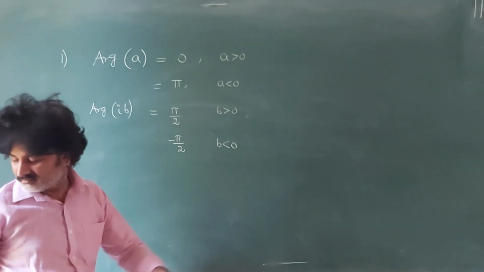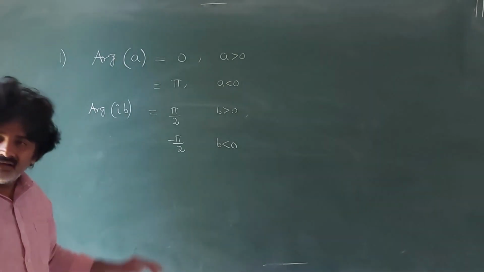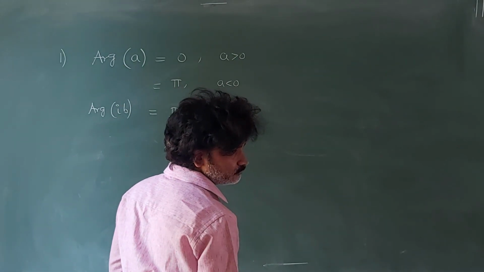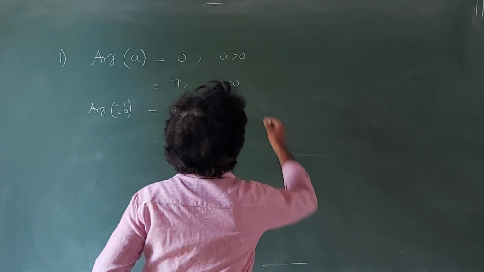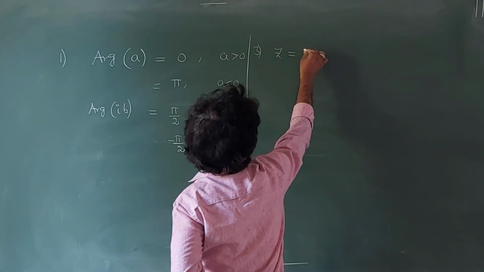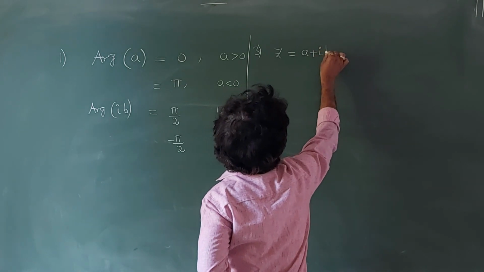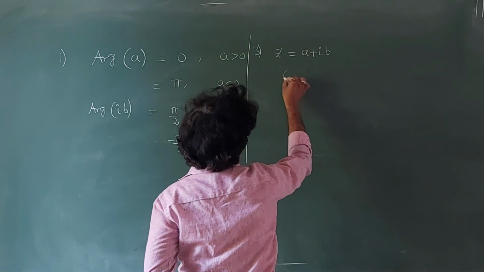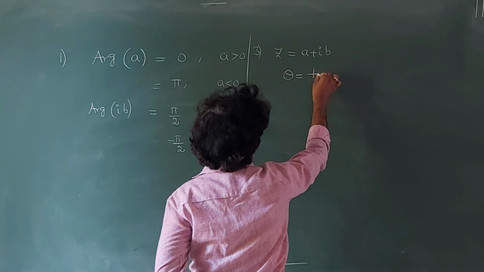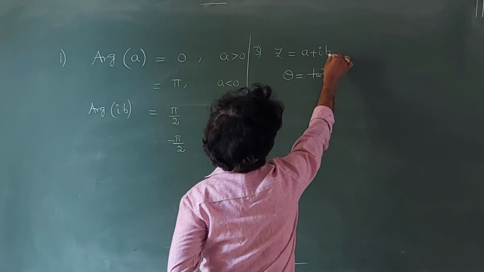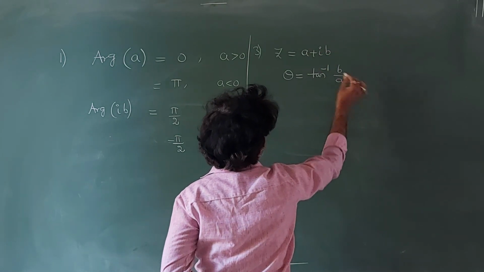Right? Next. Other than these, suppose any complex number in the form a plus ib is given. Then if you need its argument or amplitude, first find the theta value, where theta is given by tan inverse of imaginary part by real part.